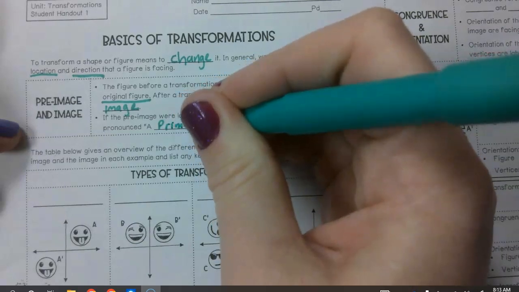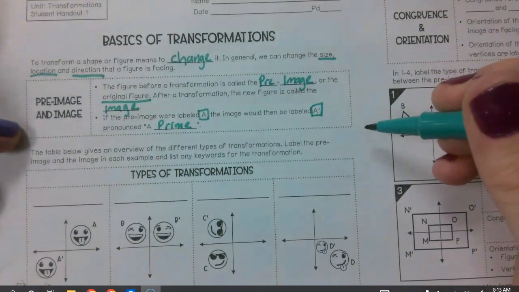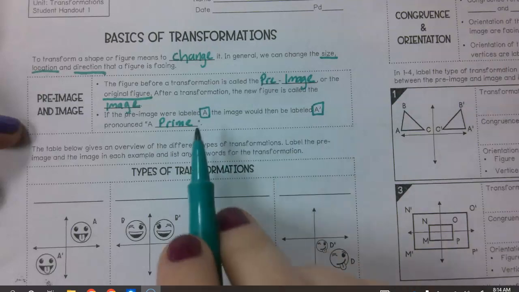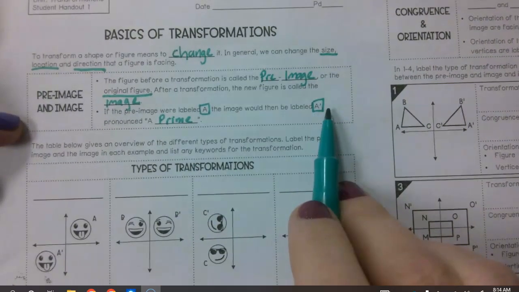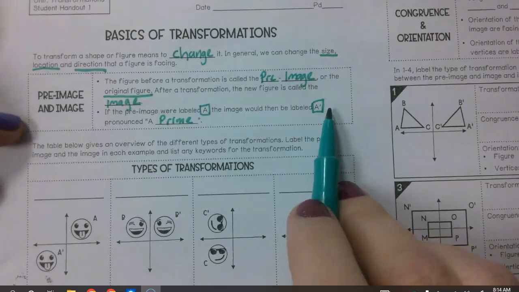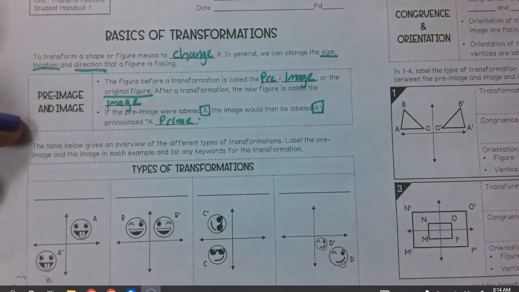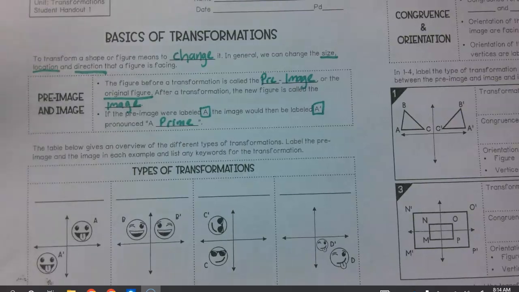Now the reason we do this is so that we know that there's a difference between the original shape and after we've transformed it. Okay, we don't want to get confused talking about two shapes that look the same but are in different locations or have changed sizes. So we have a little bit of vocabulary here. To get used to that, let's do some examples.